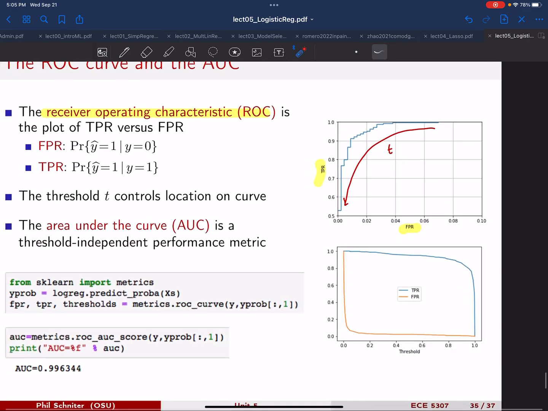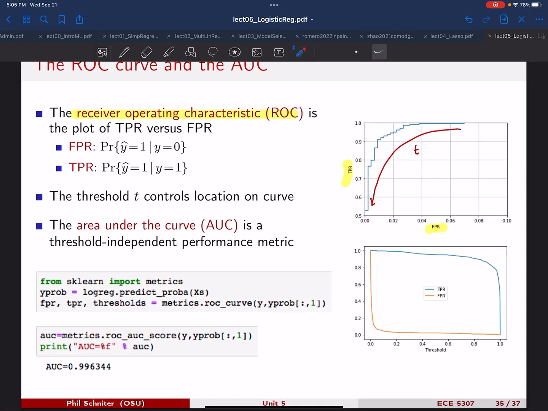So this is just another way to visualize things. This is called the receiver operating characteristic. It shows you, as you change the threshold, exactly how you can trade off between the true positive rate and the false positive rate. The best place to be is in this upper left corner, ideal.